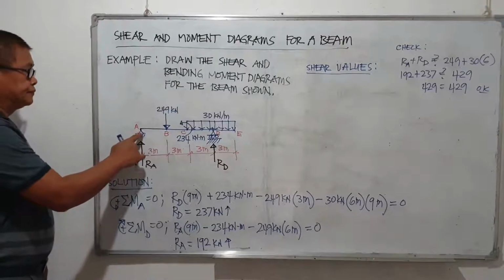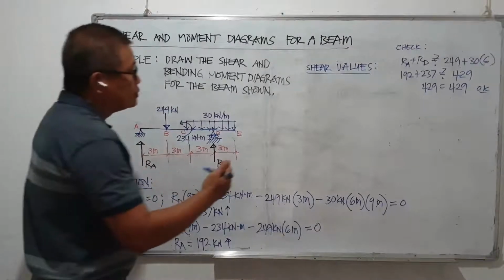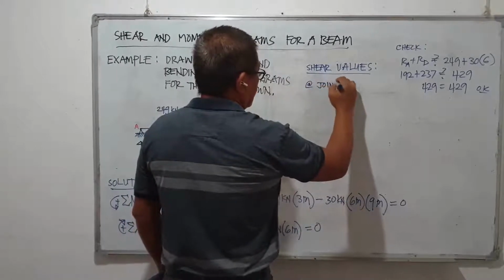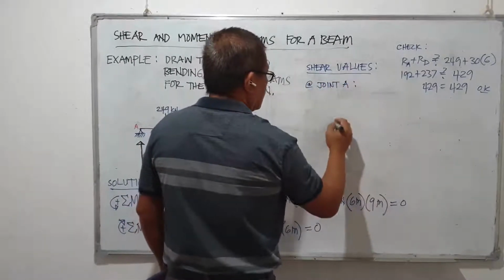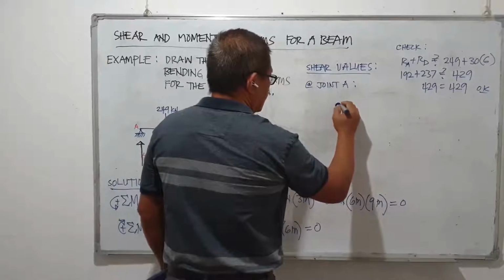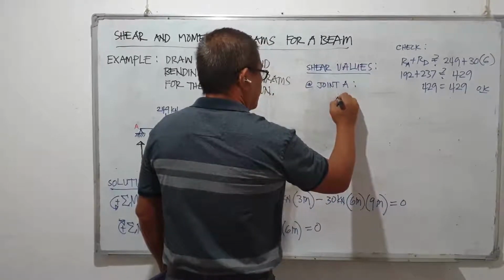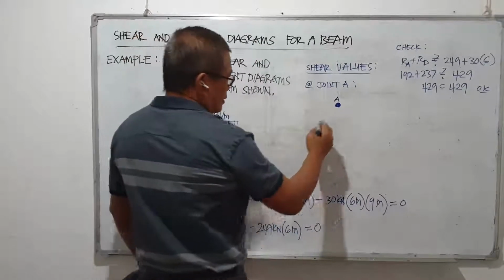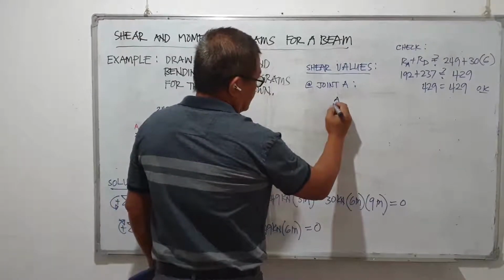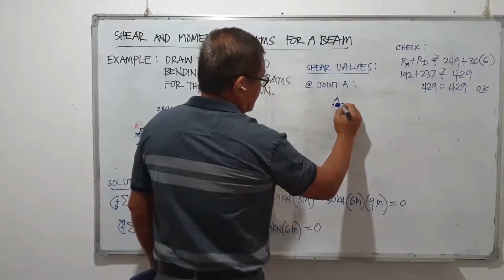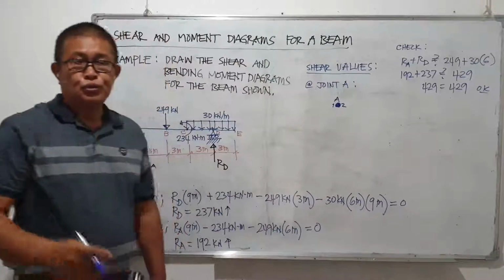At joint A, let's not exaggerate. This joint A, a little to the left, let's call it point 1, and then a little to the right of joint A is point 2.